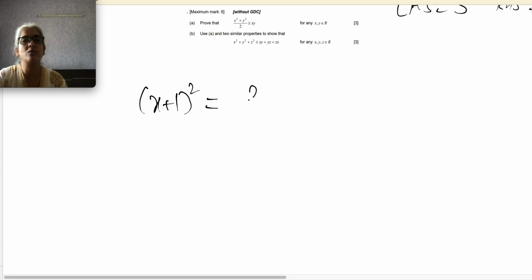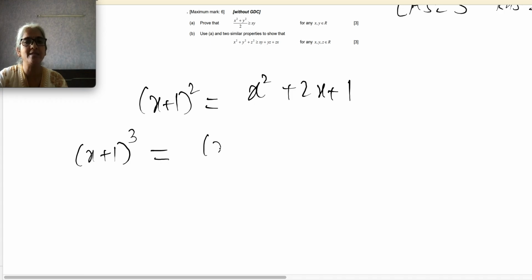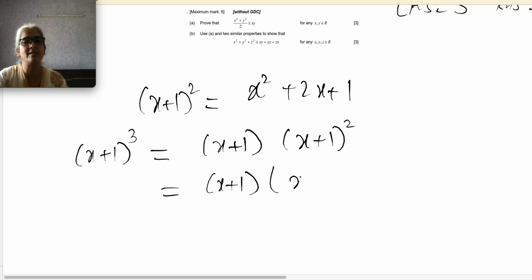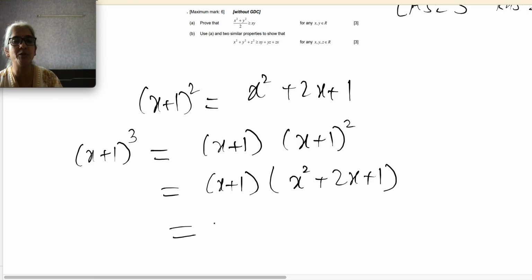X plus 1 the whole square is x square plus 2x plus 1 is known to me, and I want to show x plus 1 the whole cube, which means x plus 1 times x plus 1 the whole square. So x plus 1, and I can always assume this result because that's what the question says. Use that result, and now I'm going to use the distributive law.